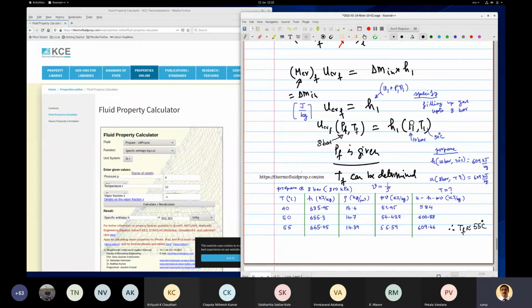It takes time. So it's a reasonable assumption, right? The insulation assumption is reasonable. But if you keep the bottle longer in the atmosphere, then slowly it will come back to 30 degrees centigrade. Right?